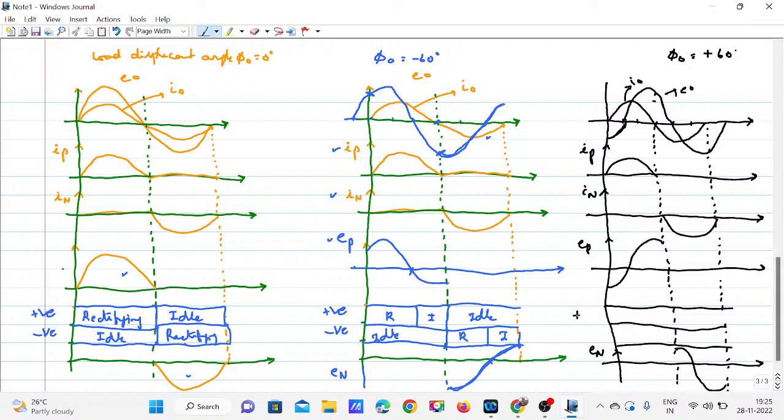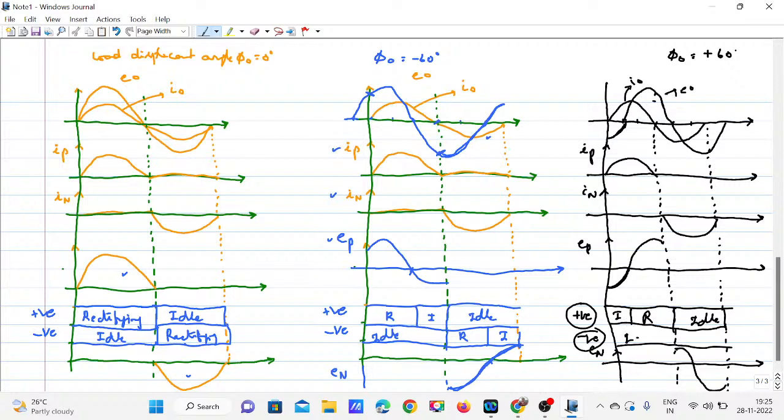So now what will happen to positive group and negative group? As this is positive in nature, whatever is there in the negative side, up to that part you have to write inversion. So for the positive signal, this is rectifying, and after that it is 0, so it is idle.